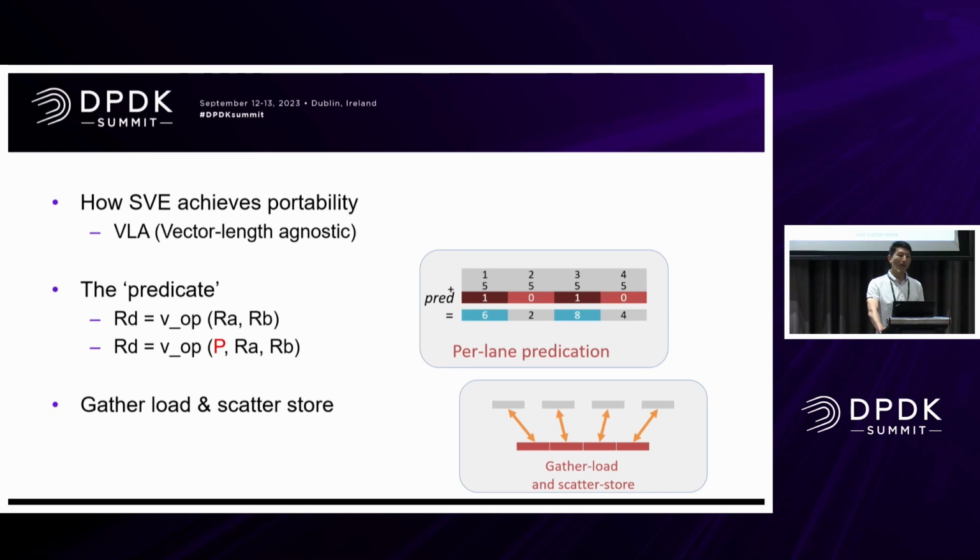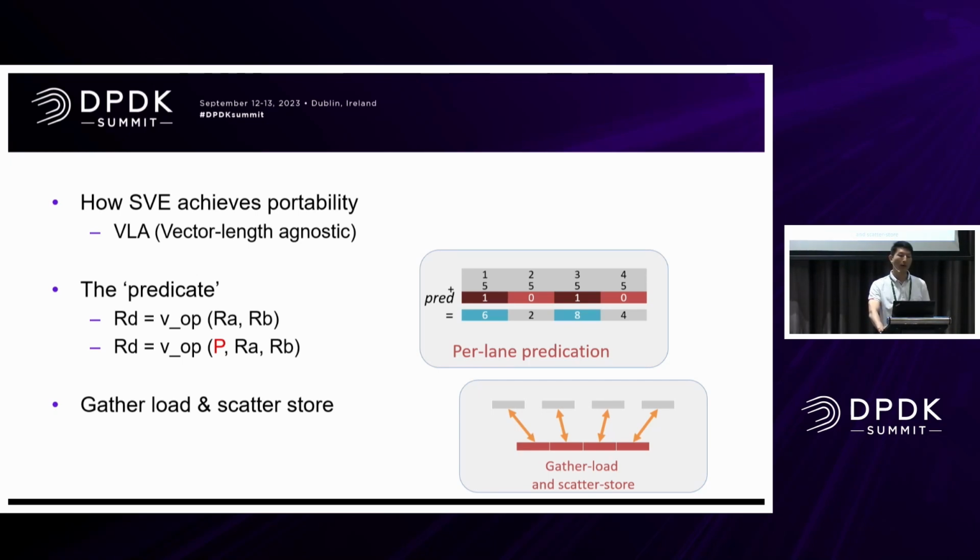Okay, about how the program adapts to different hardware. I will not talk about the hardware implementation that enables this, because that's a thing for hardware guys. So I will talk from the software aspect.